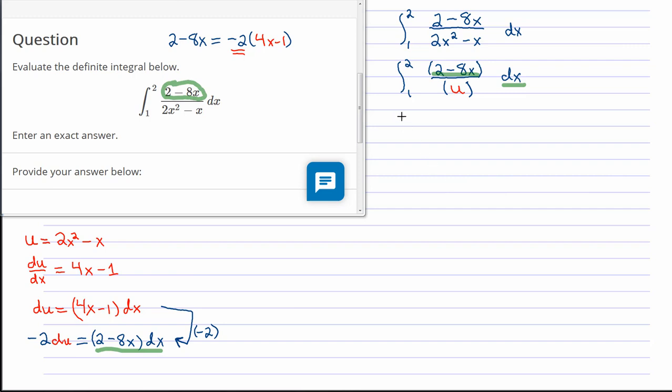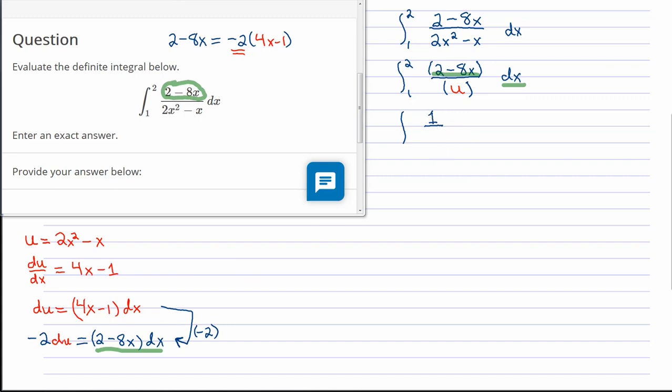So all right, now we're going to have the integral of, let's see. When this goes away, it's going to turn into a 1, because you have to have something in the numerator. Essentially, what we're doing is a division, and when you divide 2 minus 8x by 2 minus 8x, you get 1.